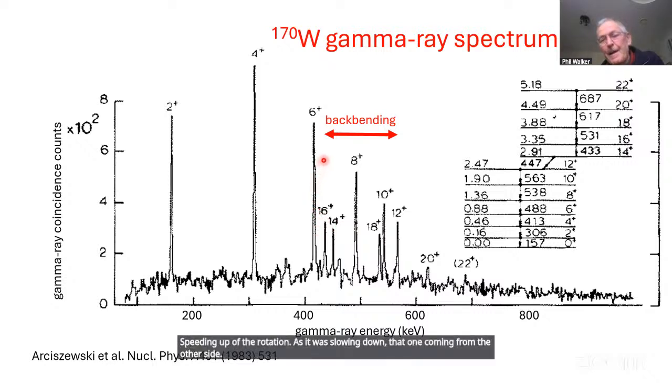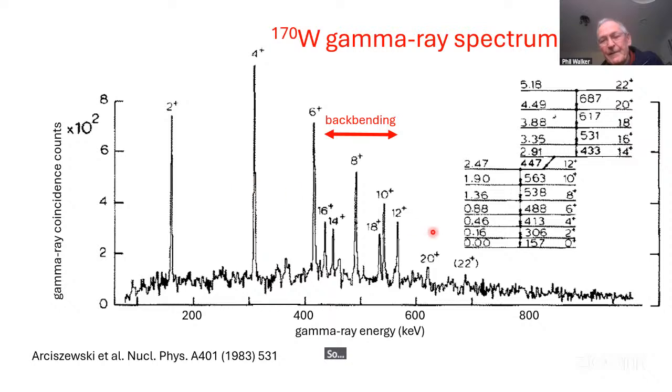So really we should start at spin 22, 20, 18, 16, then suddenly it speeds up and then slows down again.